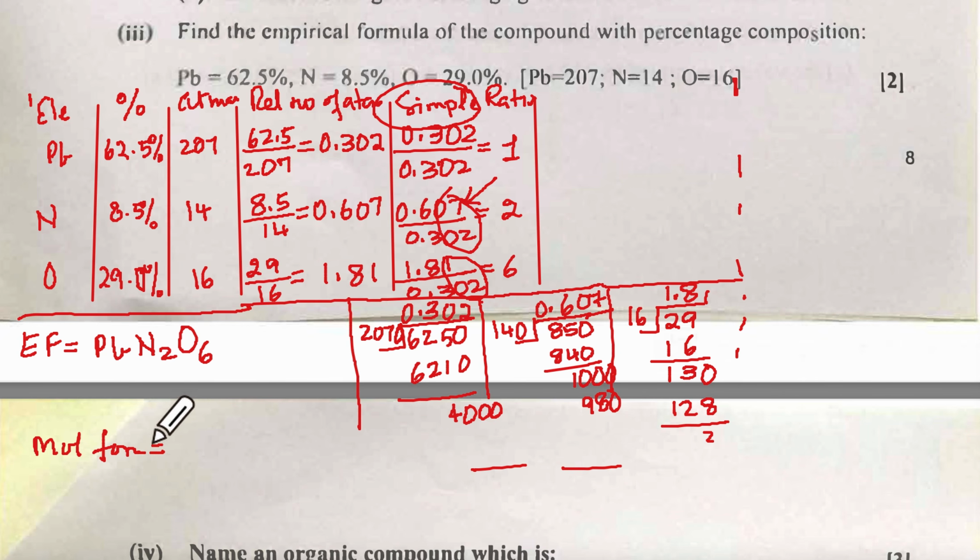Molecular formula, I would have found n, molecular weight upon formula weight. Now if they had asked you molecular formula, when they supply vapor density and all, n would have come out to be 1 only. So molecular formula still would be PbN2O6, but we don't write it like that, no?